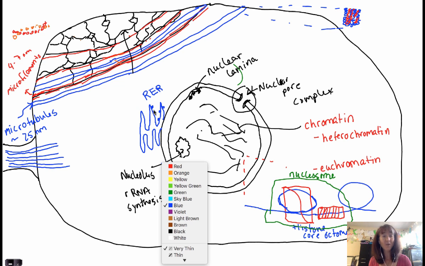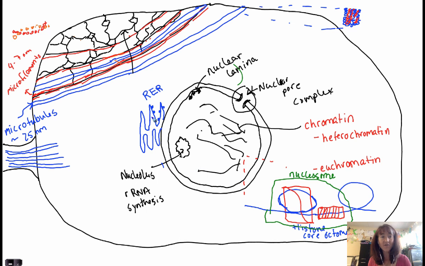This gives away the fact that these ribosomes, which are 80S ribosomes comprised of a 60S and a 40S subunit, are synthesizing proteins. They're reading RNA and using that RNA to make proteins, and these proteins will fold inside of the rough endoplasmic reticulum, and they'll gain that secondary and tertiary structure inside.